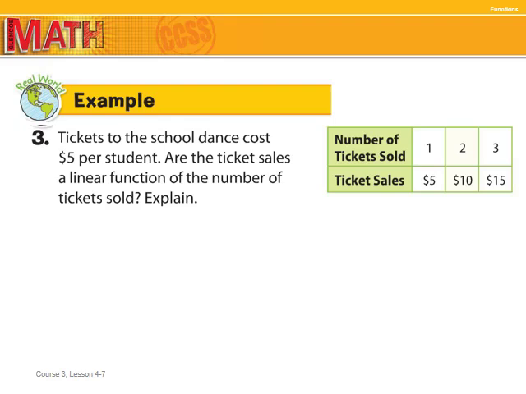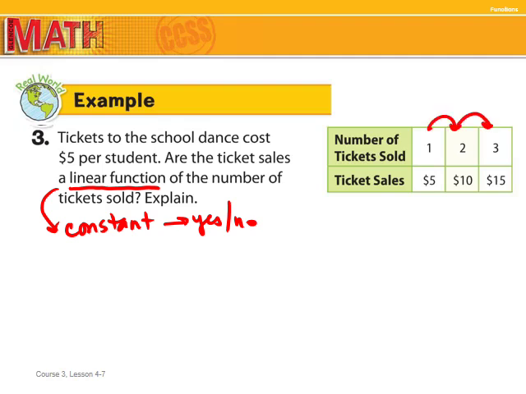Tickets to the school dance cost $5 per student. Are the ticket sales a linear function of the number of tickets sold? So again, if we're going to have a linear function, it's going to be a constant. They're just asking us if it's a linear function, so we're going to have a yes or no answer, and explain. The number of tickets sold is going up by 1.